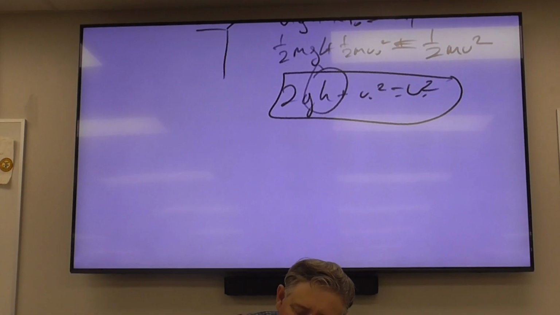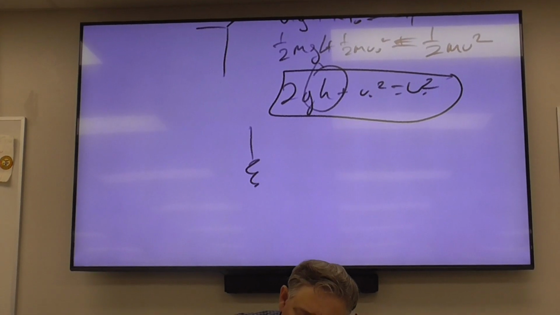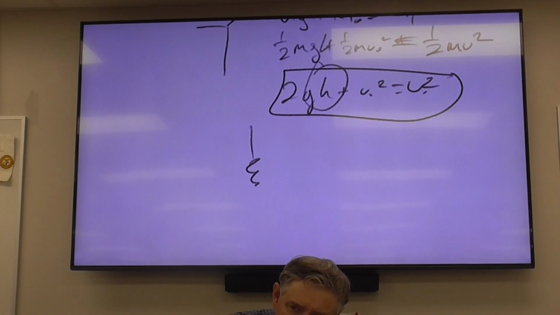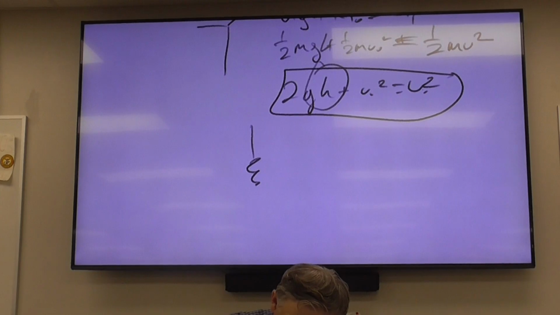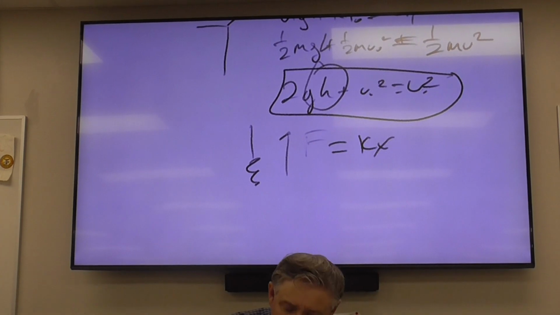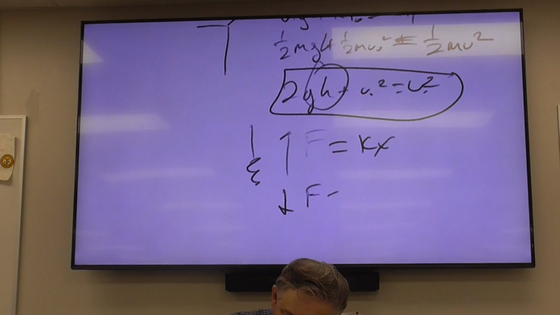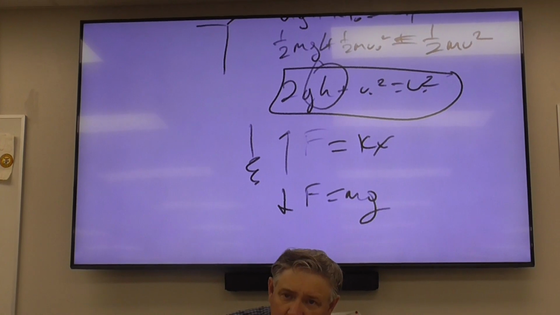When this person's at the bottom, what are the two forces acting on the person? You have the force of the bungee cord, the spring, acting up, which is going to be F equals kx, right? What's the downward force? Gravity, which is F equals mg.